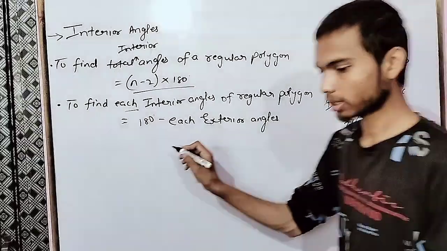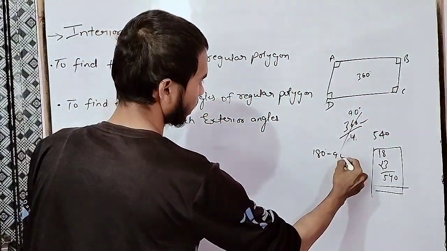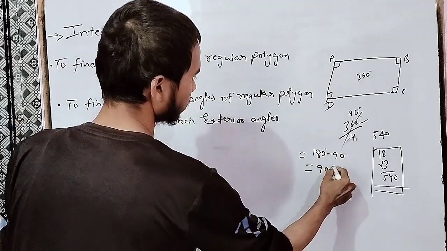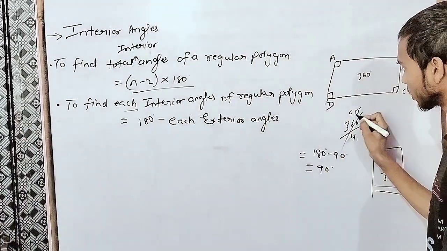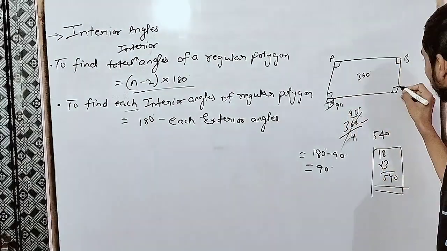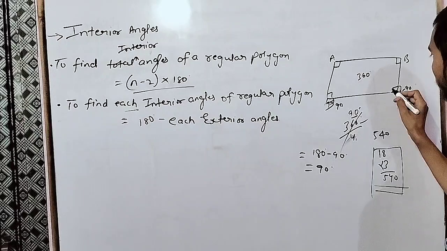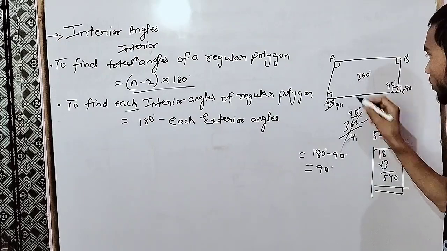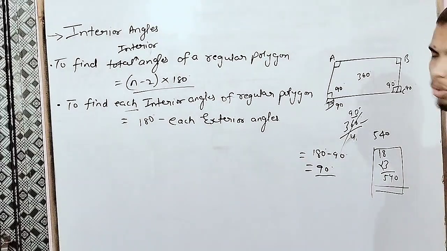So 180 minus 90 would be 90. Here, this is 90, this, this, and this is also 90. Here you can see, and now we can check.